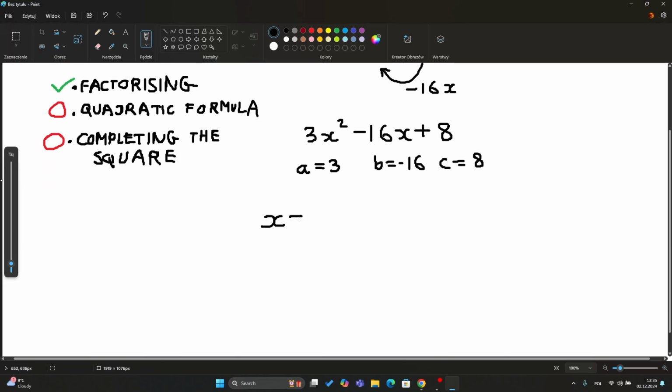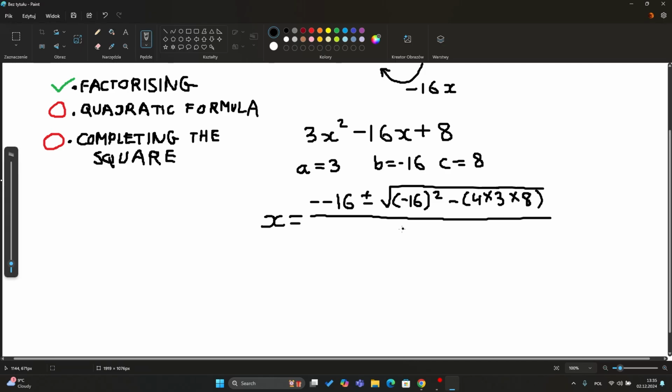So x equals minus minus 16, plus minus the square root of b squared, minus 4 times 3 times 8. So that's 4ac, and here over 2a.